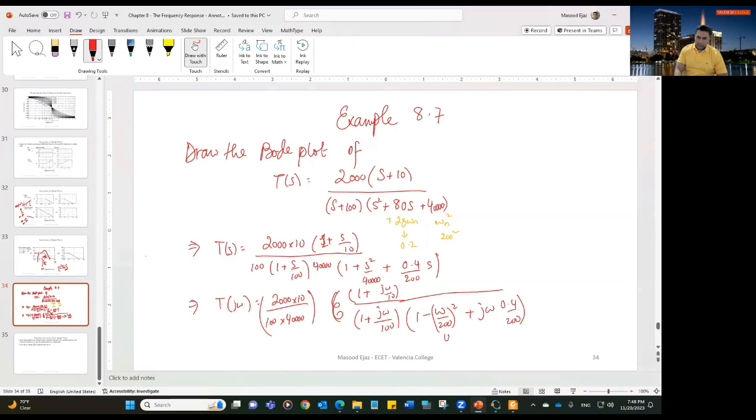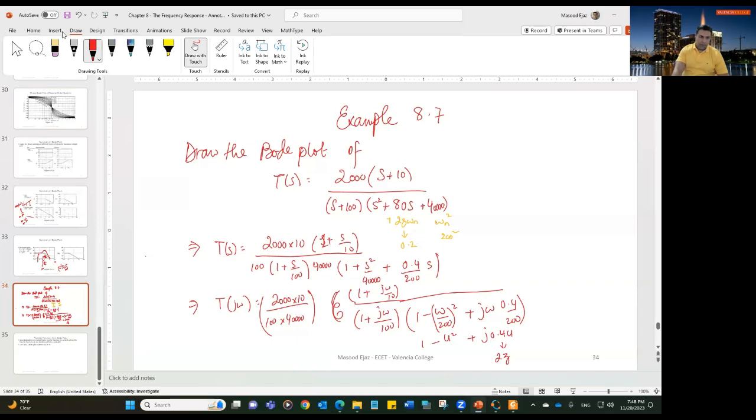So this is my u, and then omega over 200 is my u as well. So this is 1 minus u squared plus j 0.4 times u, and 0.4 is 2 zeta. So that's my second order pole.